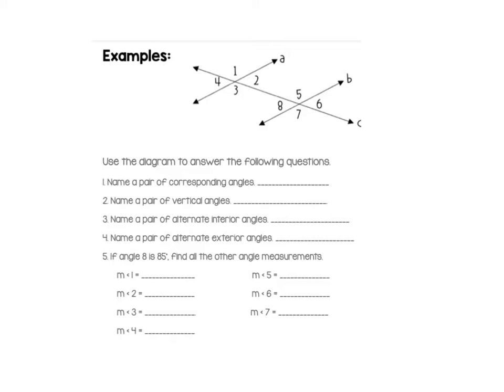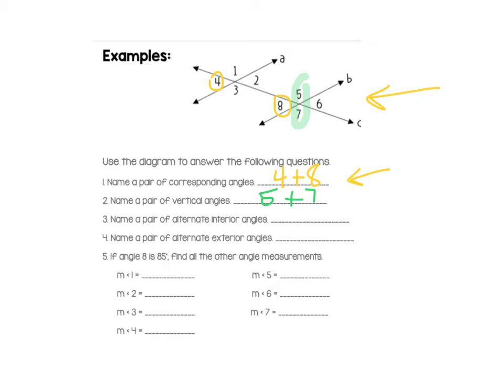And then you'll use these numbers in here to fill in here, a pair of corresponding angles. So that would be, they share the same position, like 4 and 8 would be corresponding angles. A pair of vertical angles. Vertical angles are right across from each other, like 5 and 7.